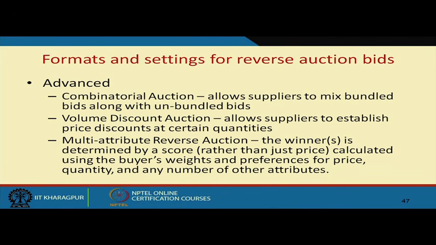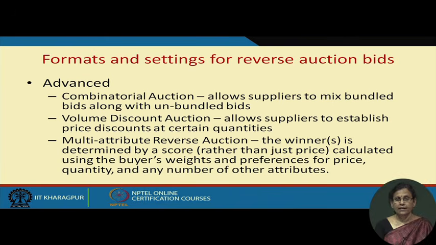Then you can have multi attribute reverse auction. As we know, usually in a traditional procurement process we have a 2 cover system, where the first one is for technical bid, where the technical and financial performance of the supplier is evaluated, and similarly we can also include the past performance of the supplier and various other qualitative attributes provided by the suppliers.